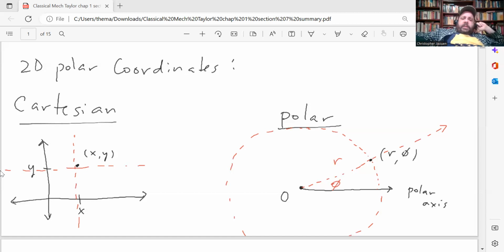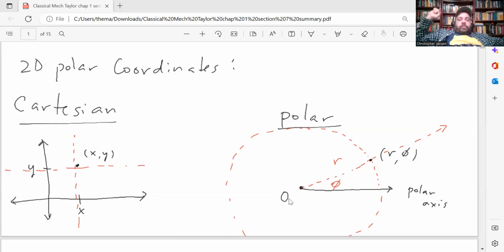But there are many types of nonlinear coordinate systems. One important one is called polar coordinates. For polar coordinates, instead of picking out a point by taking the intersection of two lines, now we have the intersection of a circle of radius r centered at what's called the pole, which we're labeling here as O, and a ray that emanates from the pole and makes a certain angle, which we're calling phi, with what's called the polar axis.